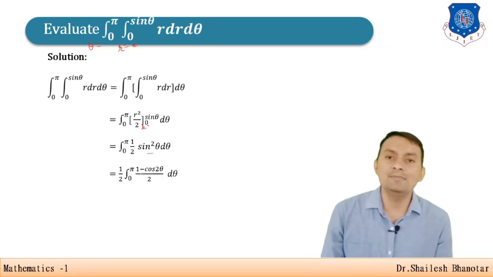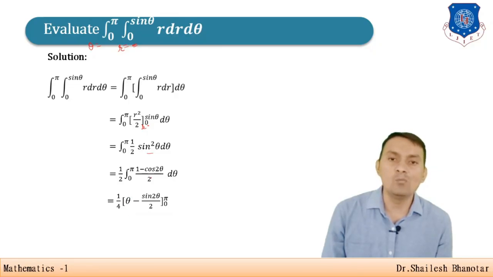Sine square theta can be written as 1 minus cos 2 theta divided by 2. But 2 into 2 is 4, so 1 by 4 is outside the integration as a constant. The integration of the constant with respect to theta is only theta, minus the integration of cos 2 theta, which is sine 2 theta divided by the coefficient of theta, which is 2, over theta from 0 to pi.